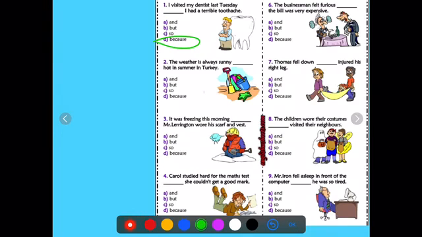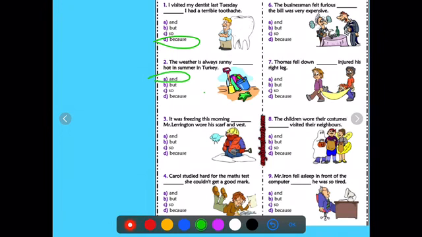Number 2. The weather is always sunny, blank, hot in summer in Turkey. So which one am I going to use? Sunny and hot, okay? I'm just adding extra information.